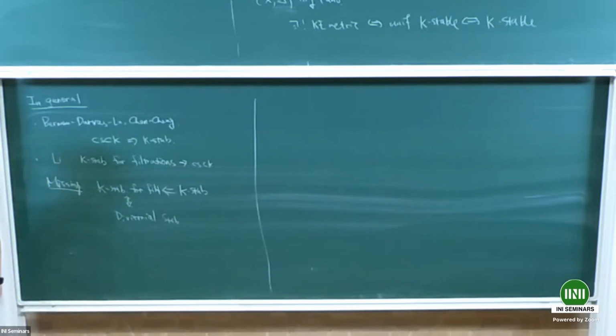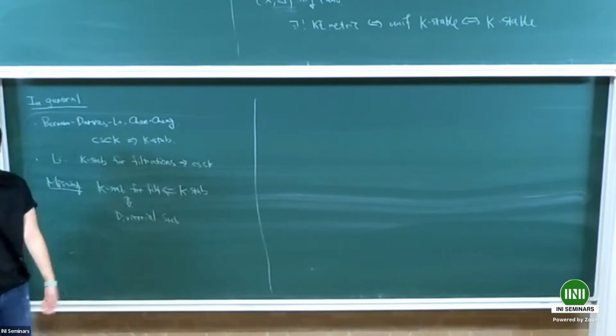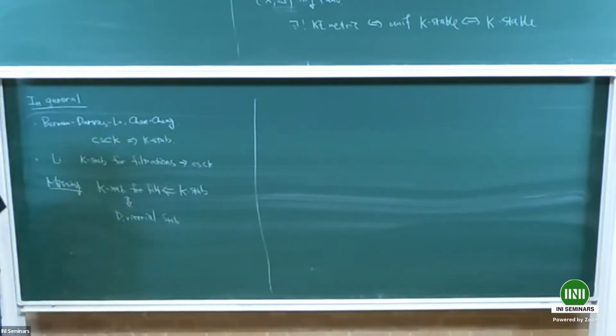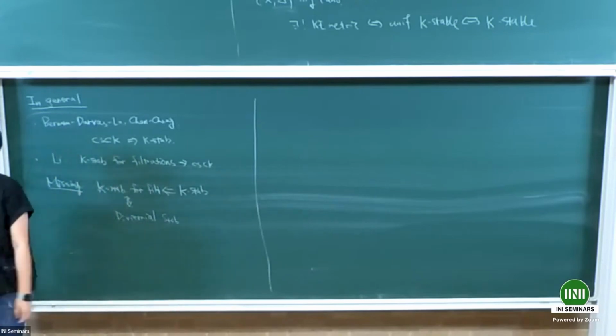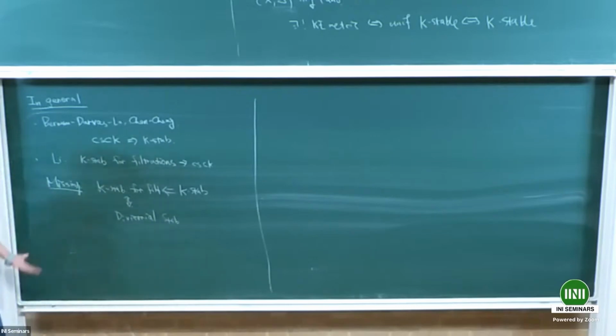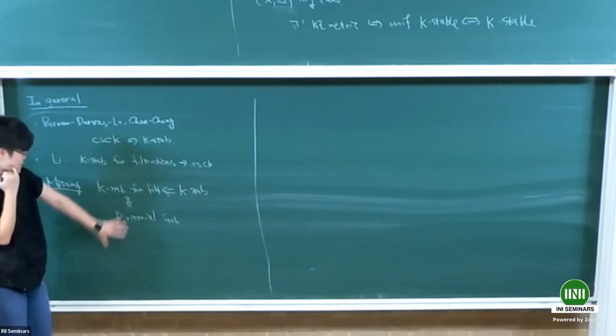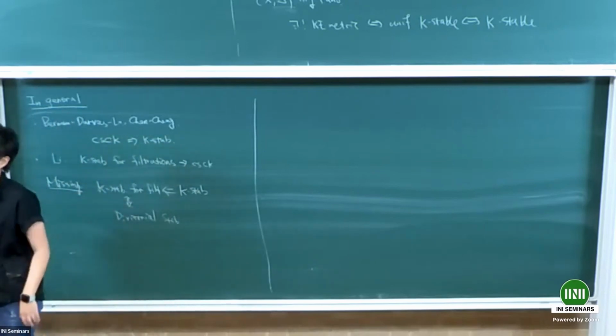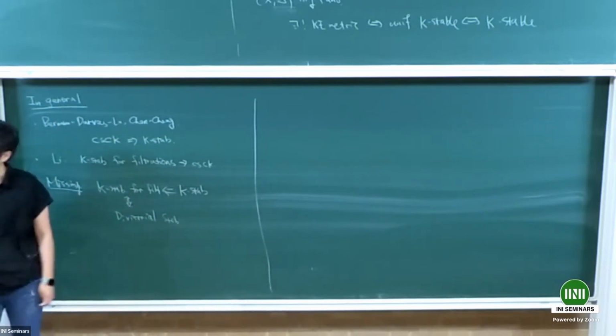I'm not an example person. I suppose if you really look through, these filtrations are a little hard to check. Test configurations are already hard to check, but filtrations even more. So I really doubt it. If there are going to be examples, I expect divisorial stability is more in the direction of checking examples, but still it seems pretty hard.